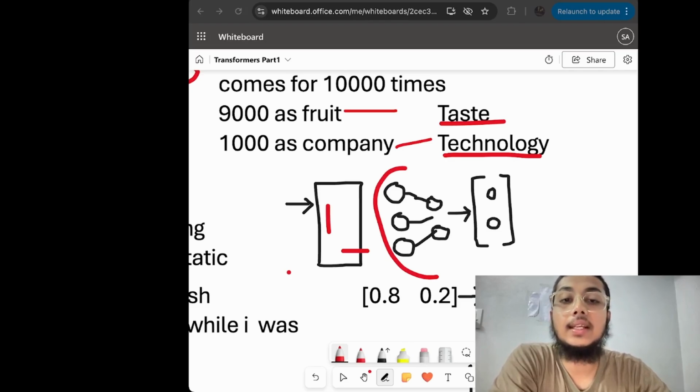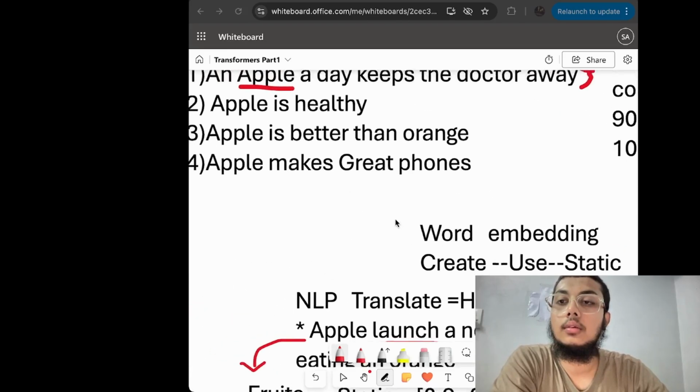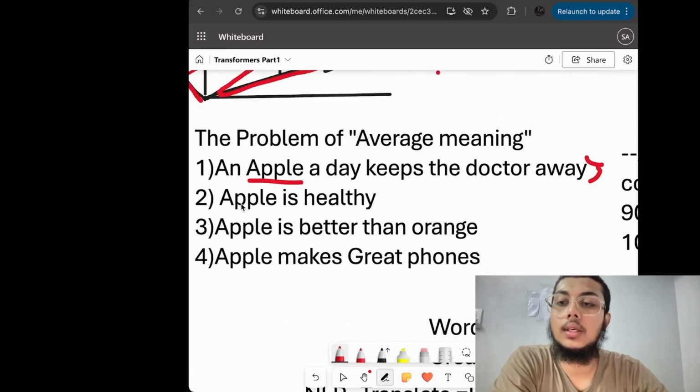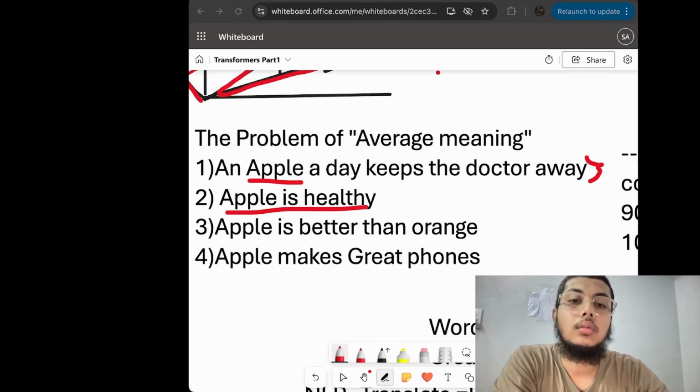When the second sentence comes, "apple is healthy," what does it mean? That apple is a food item, right? So it must be related to taste. So we become a little more sure. What can we do about the taste component?